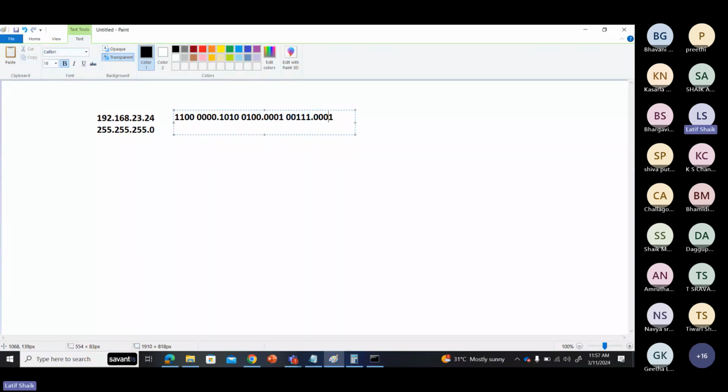I think I have written this part wrong. This is correct: 16 plus 8 is 24.